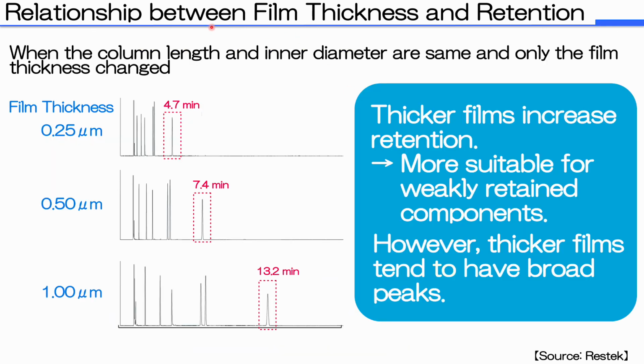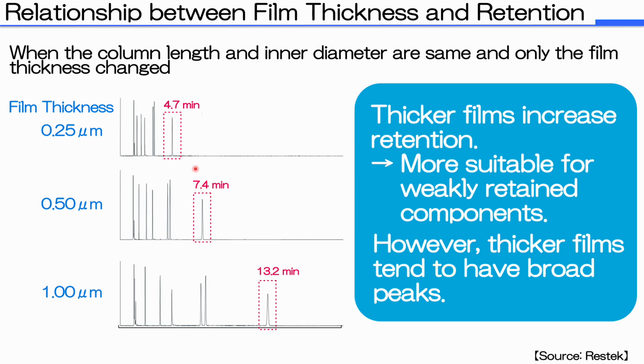This is a slide showing the relationship between film thickness and retention. When the analytical conditions are all the same except for the film thickness, you can see from this chart that the retention of the peak, especially the red squared peak, differs a lot in this case.